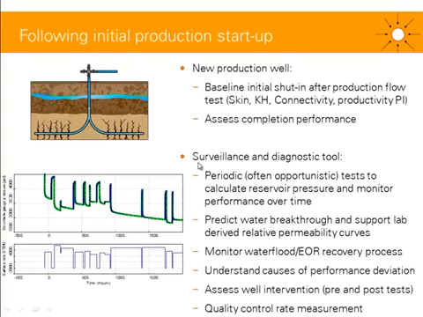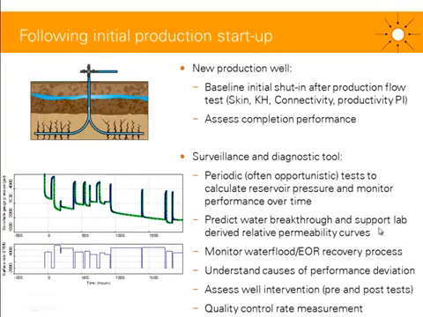During production, well test analysis is a very powerful surveillance and diagnostic tool. So you're going to end up like on this plot with periodic tests, and probably more than 95% of it is going to be opportunistic. And that's going to help you to calculate the reservoir pressure for each PBU, to monitor the performance over time. In some cases, you can detect waterfront and predict water breakthrough a couple of months in advance.